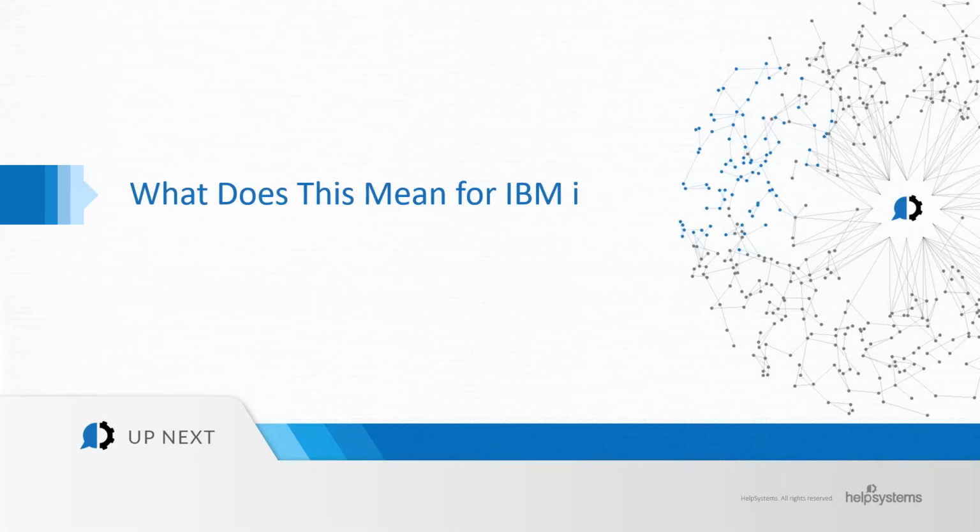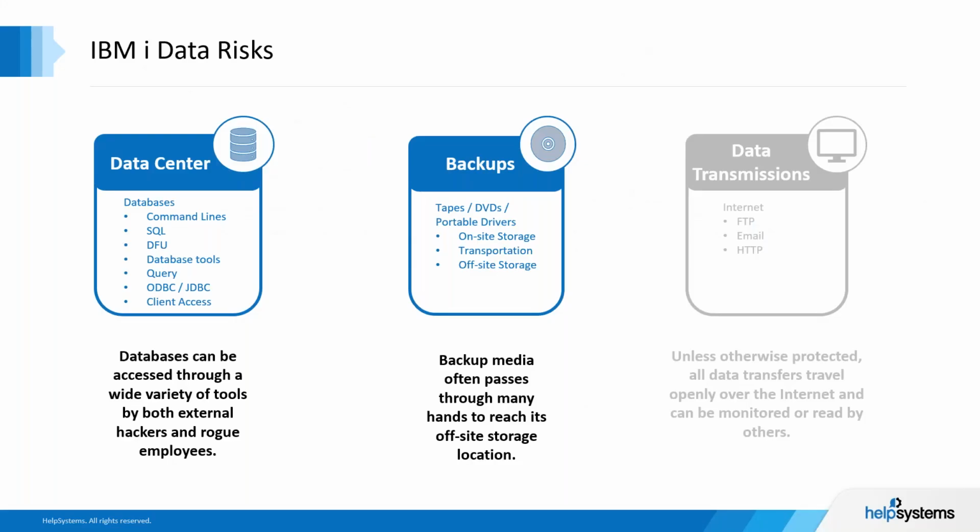So at the end of the day, what does all of this mean for IBMI? The data risks that pertain to IBMI really fall into three primary categories. The data center itself, meaning the databases that are stored on disk within the server.